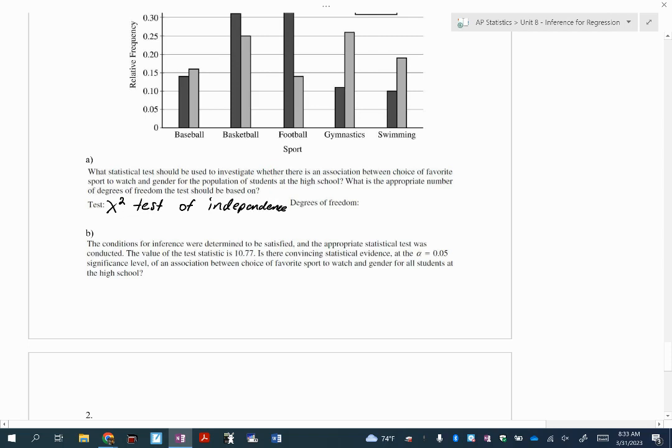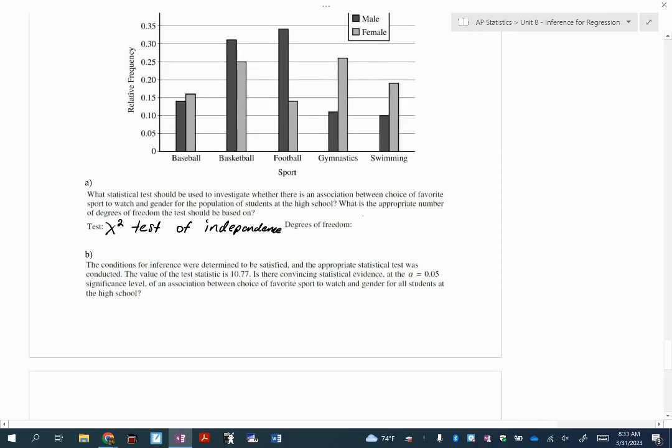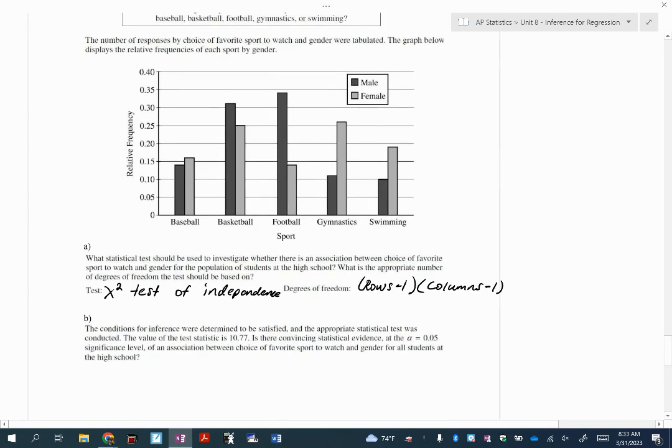Now, in terms of finding the degrees of freedom, that formula we use is rows minus 1 times columns minus 1. But it can be a little tricky here because you'll notice that we don't actually have a two-way table. So what you have to do is think about what the table would look like if you were to make it. You could put the gender on the rows or the columns.